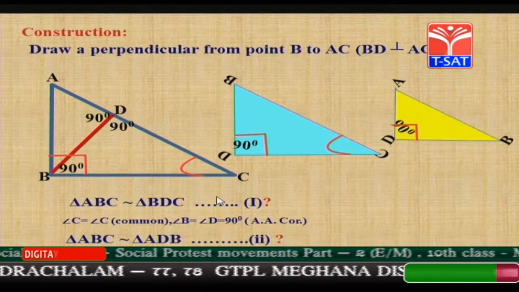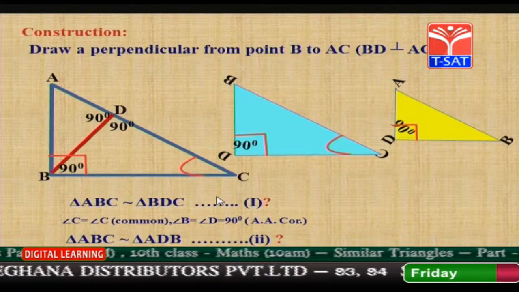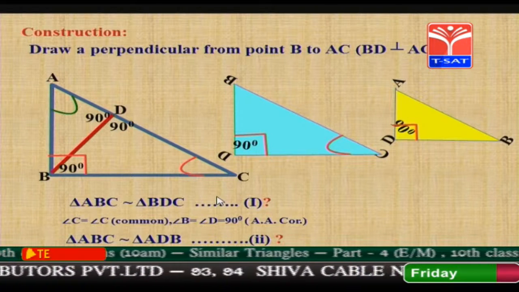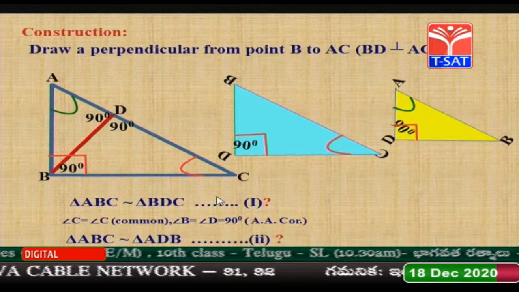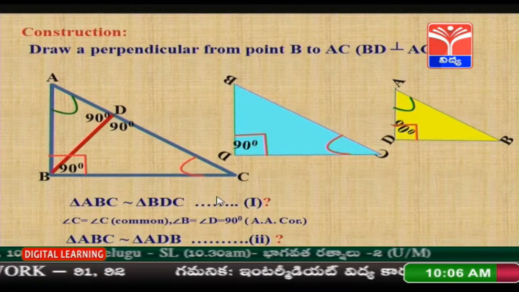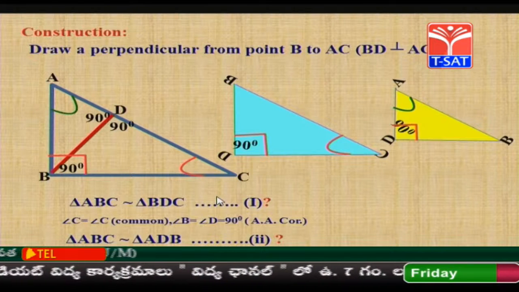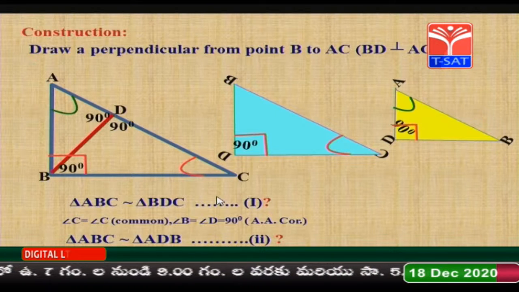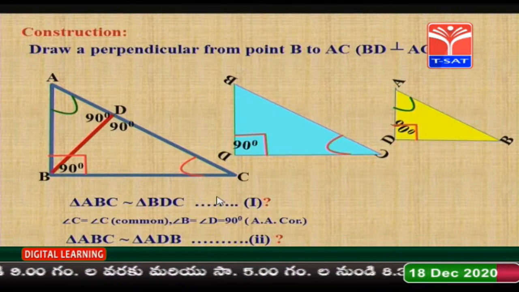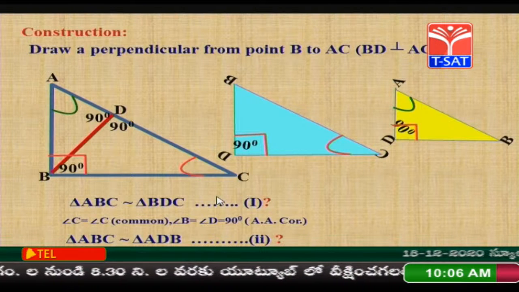Similarly, triangle ABC is similar to triangle ADB. How? This is angle A and this is angle A. In these two triangles, angle B and angle D are 90 degrees and A is common. Same, writing: A is the common angle, angle B is equal to angle D is equal to 90 degrees. By using the AA corollary, we can say that triangle ABC is similar to triangle ADB.